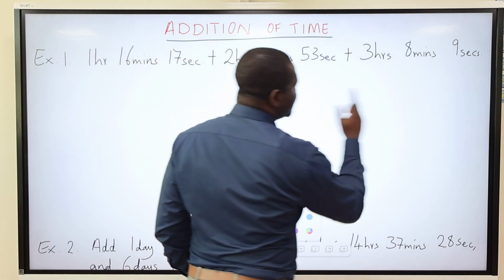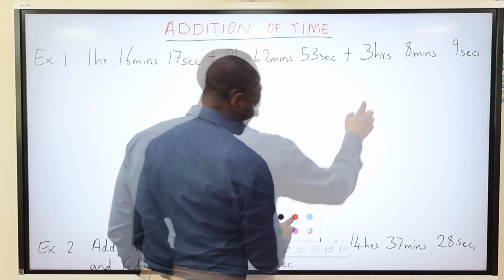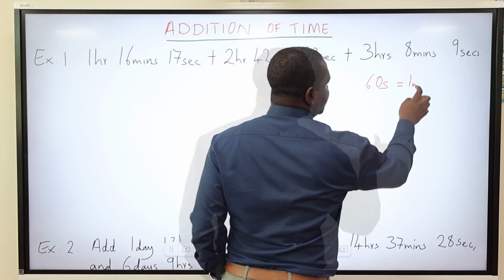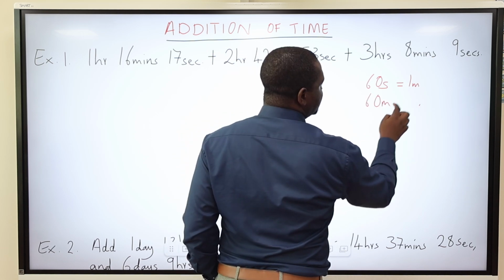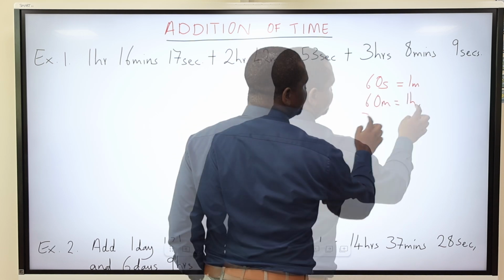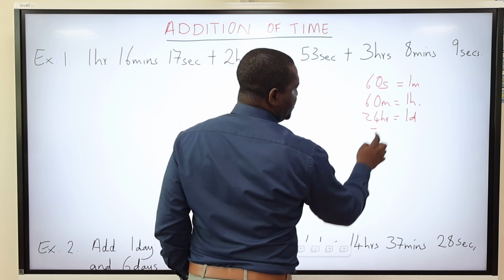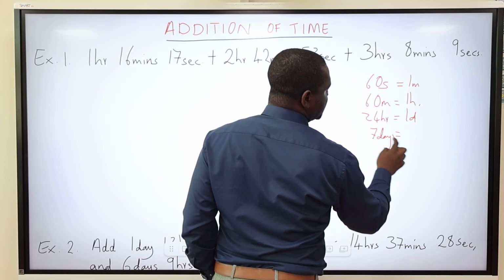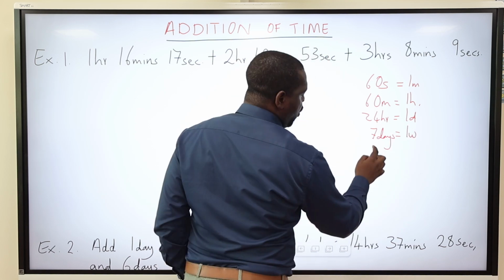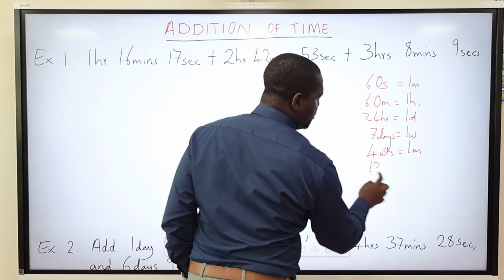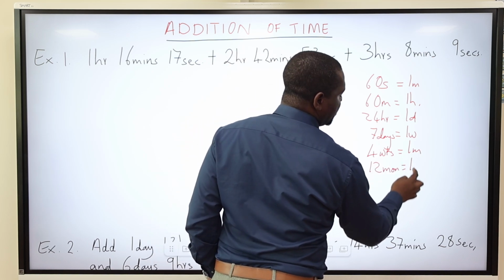We start from seconds. We have to understand that 60 seconds is equal to 1 minute. 60 minutes is equal to 1 hour. 24 hours is equal to 1 day. 7 days will give us 1 week. 4 weeks will give us 1 month. And 12 months will give us 1 year.